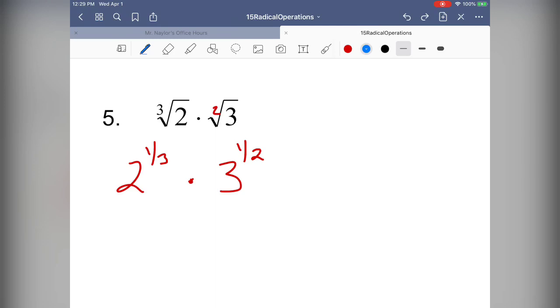Well, I can if I think of them as a denominator of 6. Now, can I just make it a denominator of 6? Well, I'd have to multiply the numerator by 2. So 2/6 is the same as 1/3. And can I just make this a denominator of 6? Yes, if I multiply the numerator by 3. So I'm changing both of my exponents to have the same denominator.